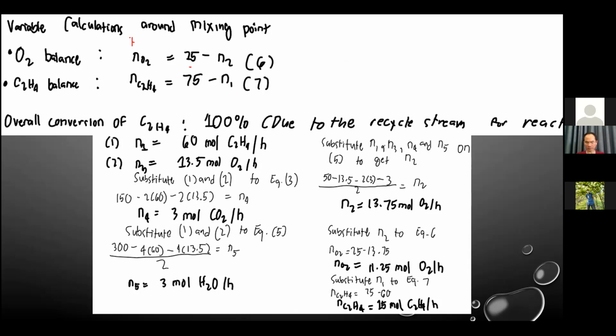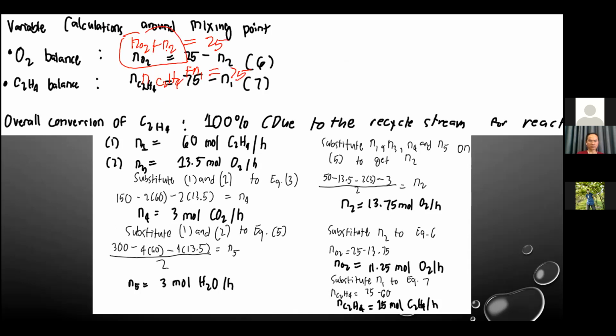Originally the equation is N2 plus N2 is equal to 25, and C2H4 is N2H4 plus N1 is equal to 75. This on the left hand side is the input.